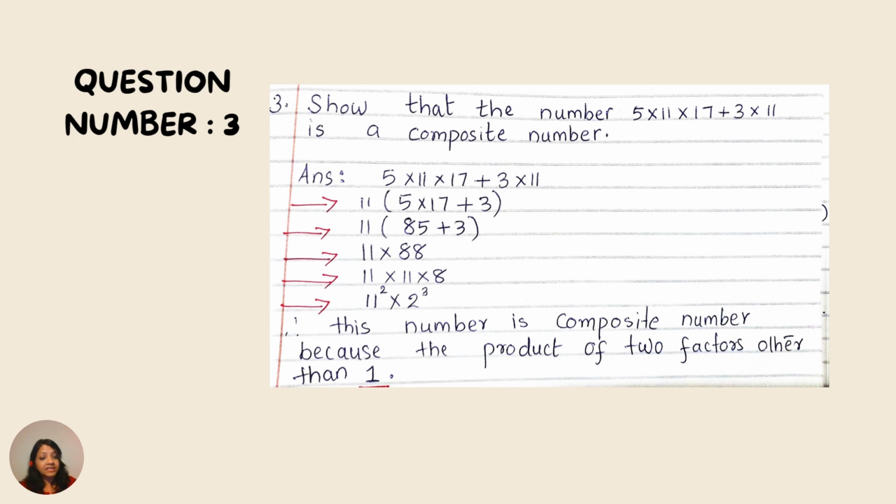Again, 88 you can split. That is going to be 11 into 8, and 11 square times 2 cube. Therefore, this number is a composite number because it is the product of two factors other than 1. So this question is very important. You can practice. The question must be there.